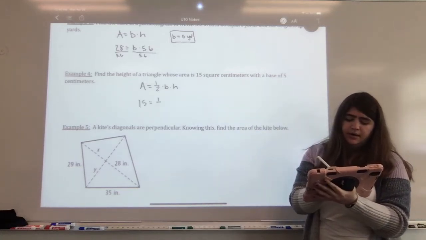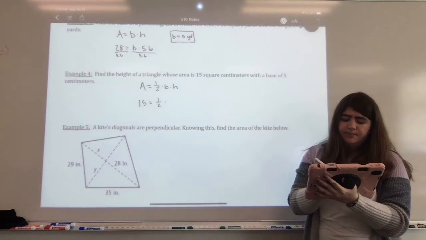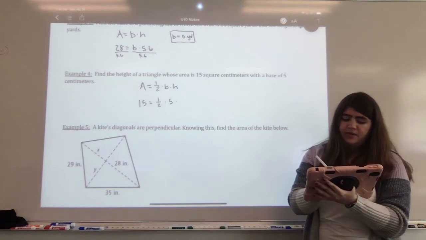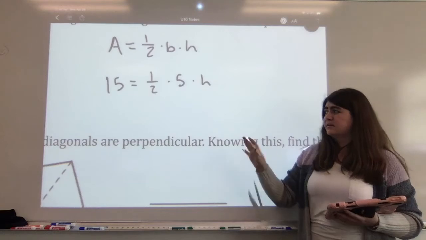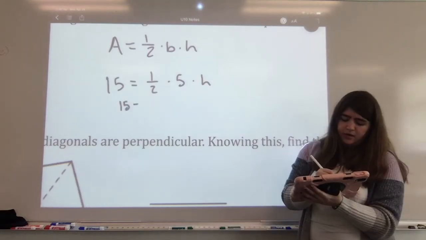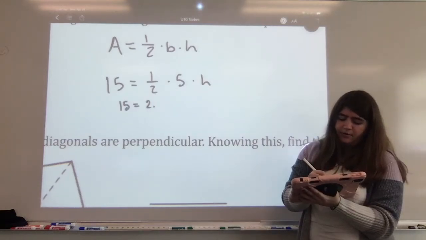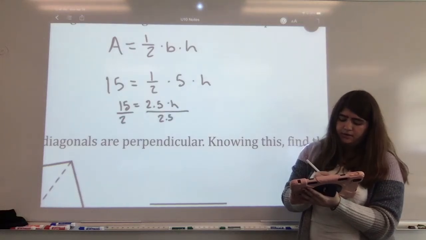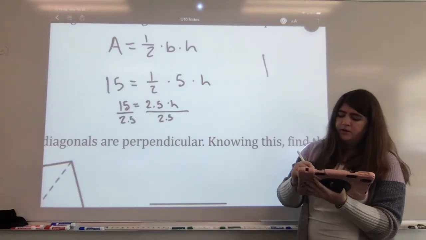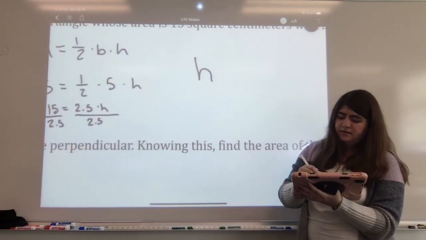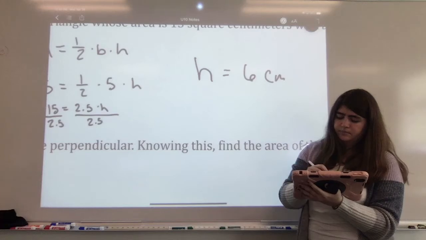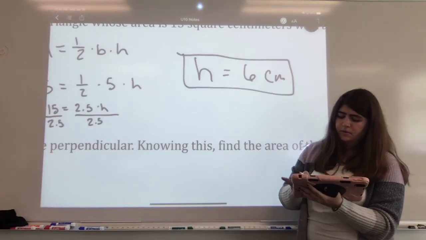That's equal to 1/2 my base, which is 5, times the height. So I'm just going to go ahead and simplify. So I have 15 is equal to half of 5, which is 2.5, times the height. Divide out 2.5 from both sides. That leaves me with my height as 6 centimeters.